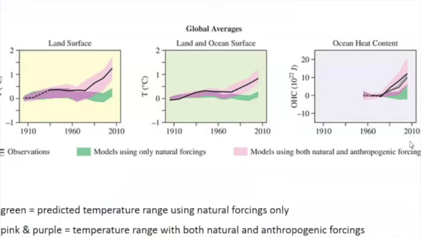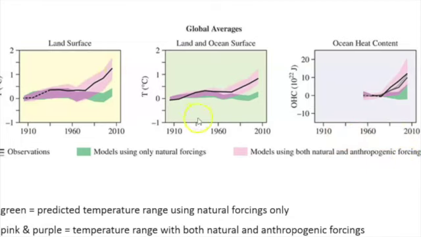So climate models are used to explain the temperature increases experienced in the last 30 years and then predict future temperature increases. Natural factors have influences, and those are called natural forcings. And then there are also anthropogenic forcings. Those are the human caused, and those generally have a greater effect.